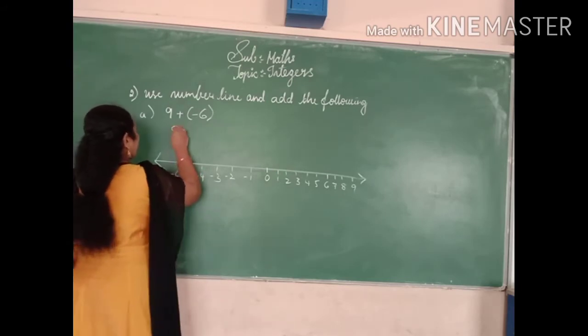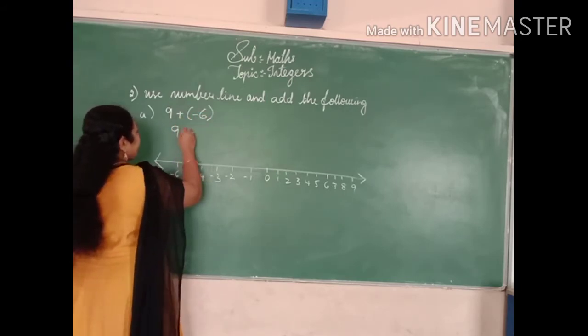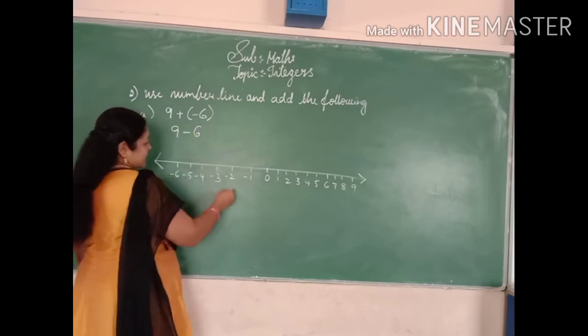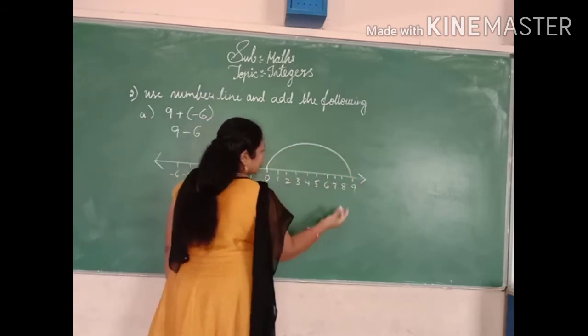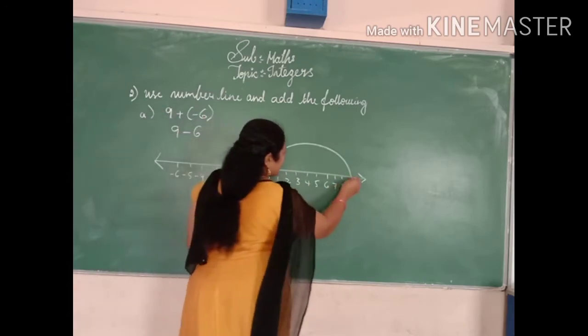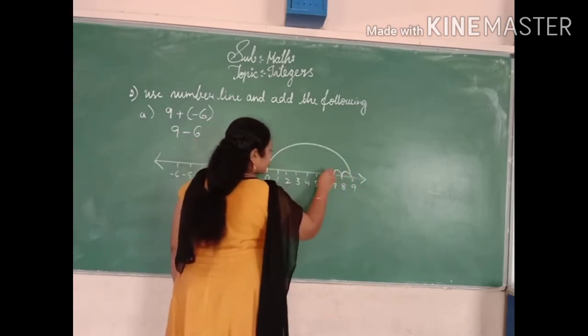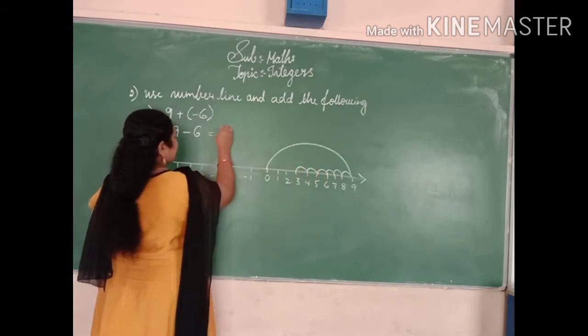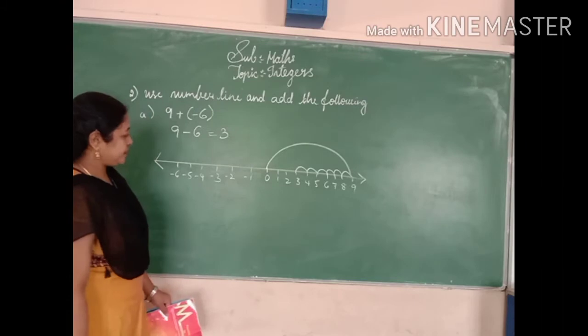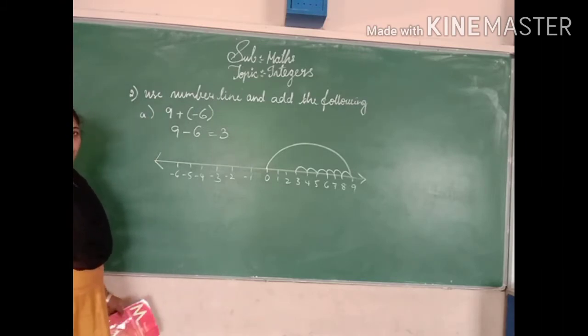So here 9 plus into minus 6. So go to 9. Reduce how much? 6. 1, 2, 3, 4, 5, 6. Therefore our answer will be 3. I hope this is very much clear with you.